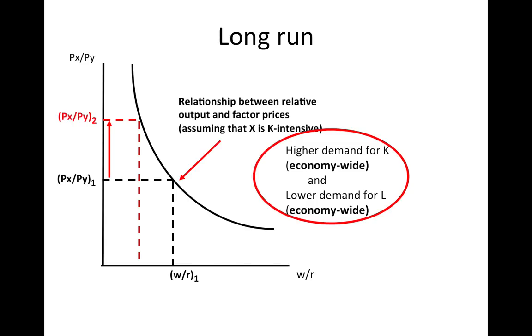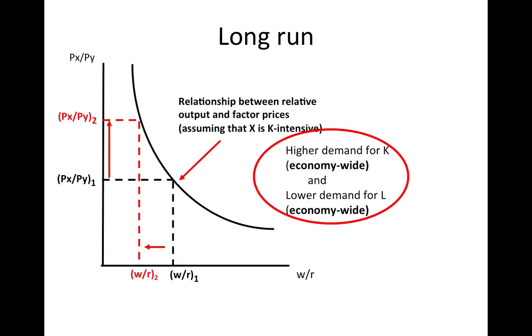Now, because we're talking about the long run, this expanding sector, X, is going to use more labor and more capital, both. The contracting industry is going to be using less labor and less capital. But what matters is what happens to the net demands. Overall, an increase in the demand for capital, a decrease in the demand for labor, is going to be reflected by a lower wage-rental ratio.